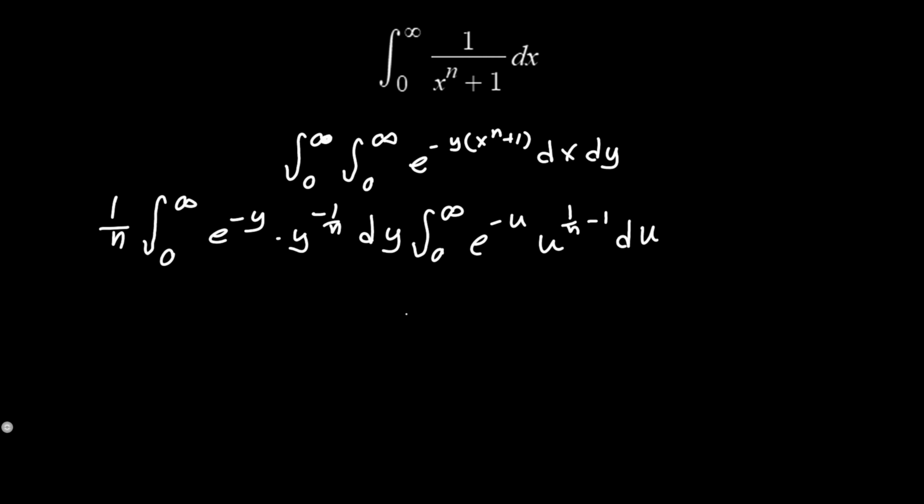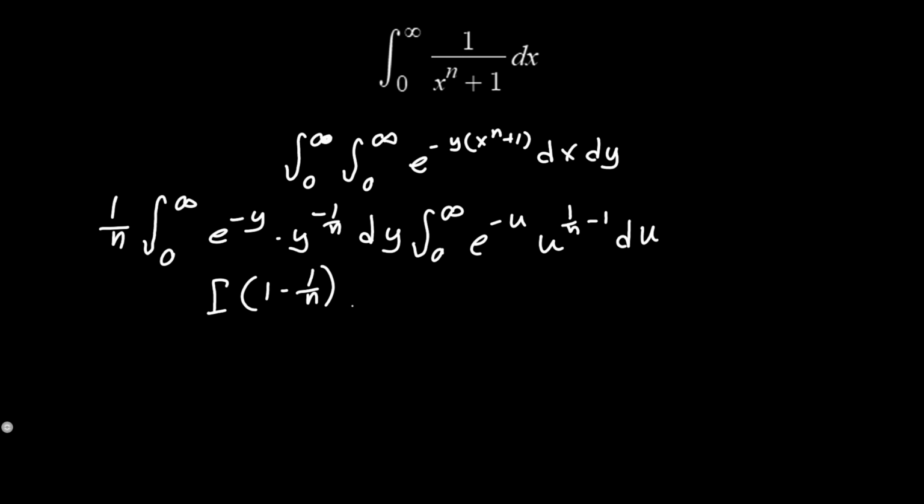All right, so our first integral is going to be the gamma function of, as we have the power is negative 1 over n, 1 minus 1 over n.